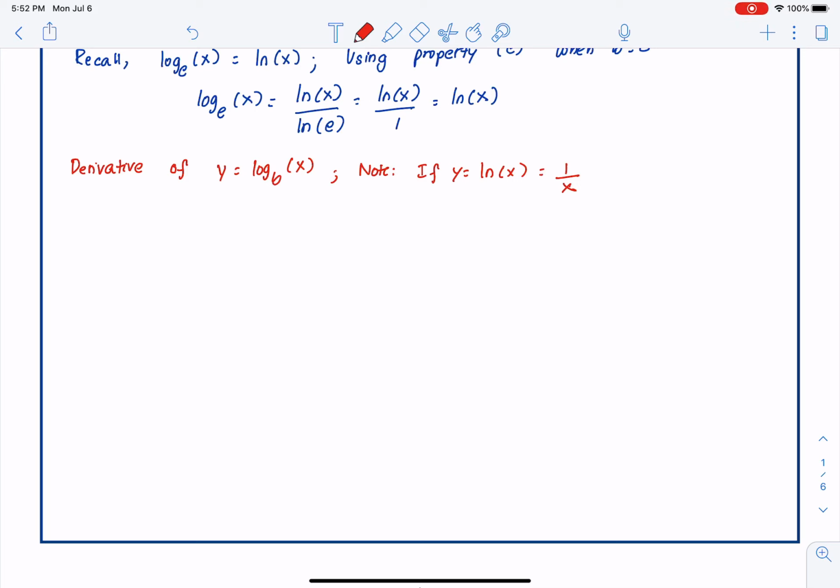In general, the derivative of y equals ln of absolute value of x is 1 over x for all values of x, but x cannot equal 0.